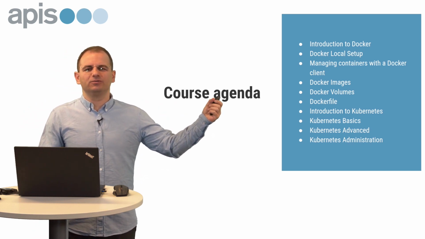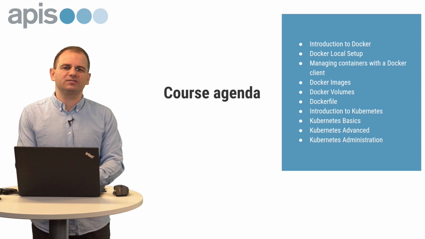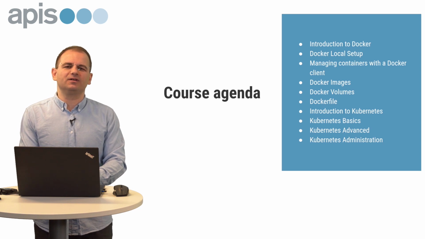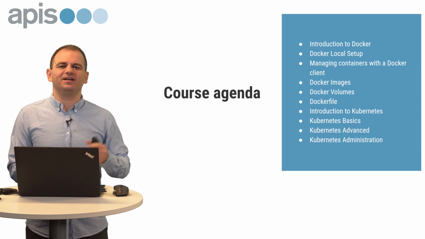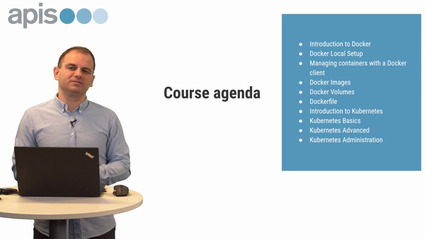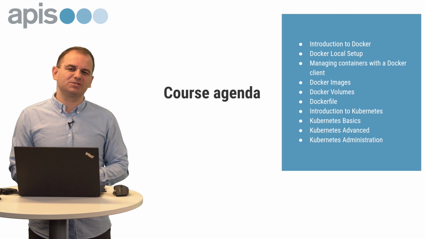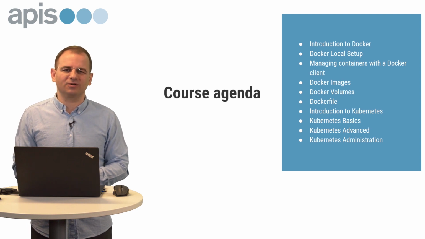Then we are going to tackle two extra topics. Those are Docker images and Docker volumes. And the last one that we will tackle on the subject of Docker is Dockerfiles.